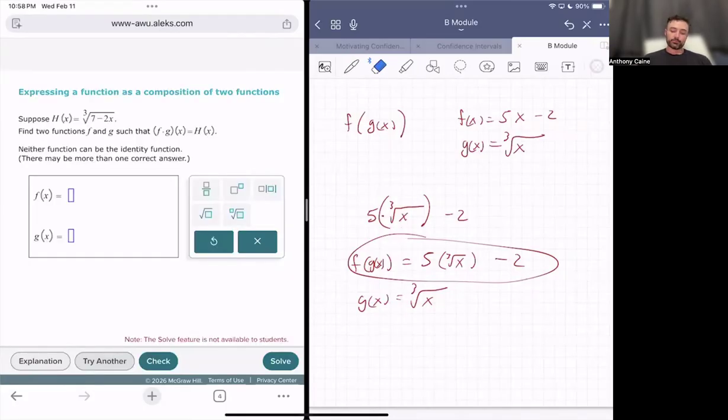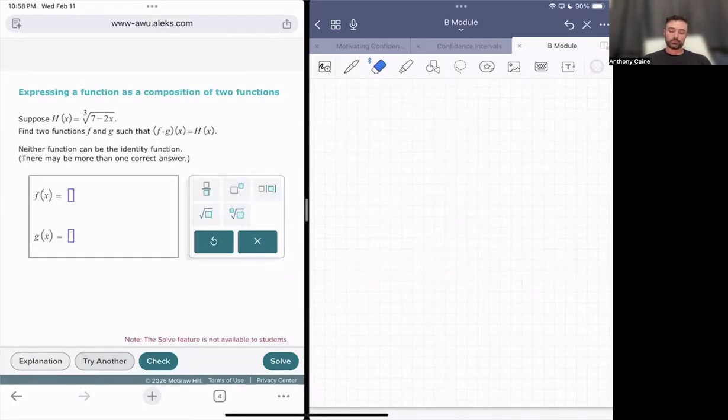Let's try another. Okay, so f is last, g is first. My f of x, the last thing that happens is a cube root. Sorry, the first thing that happens is this 7 minus 2x.